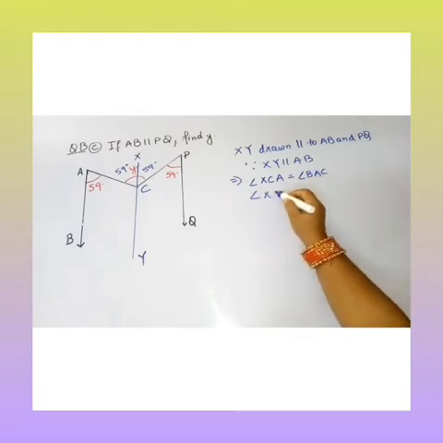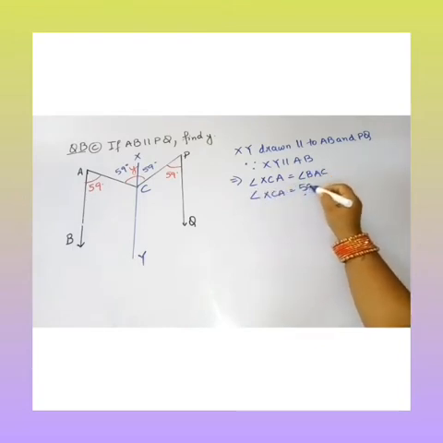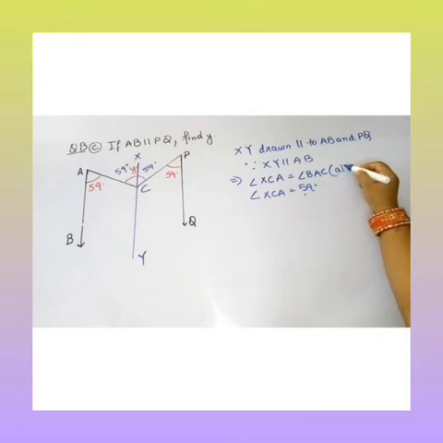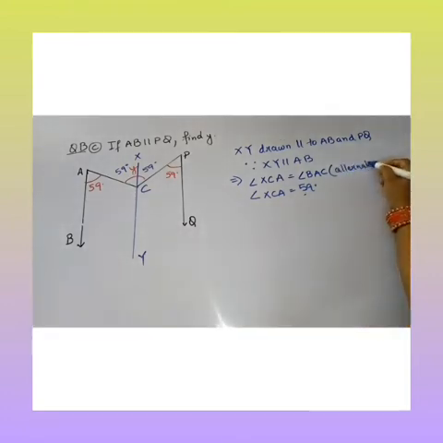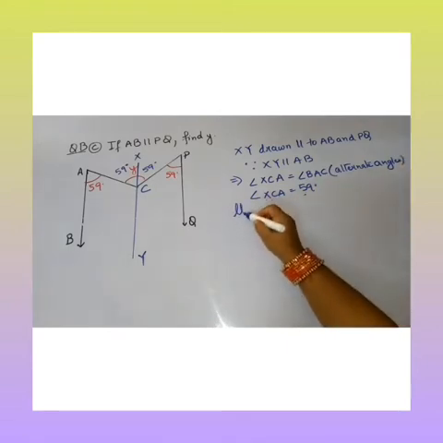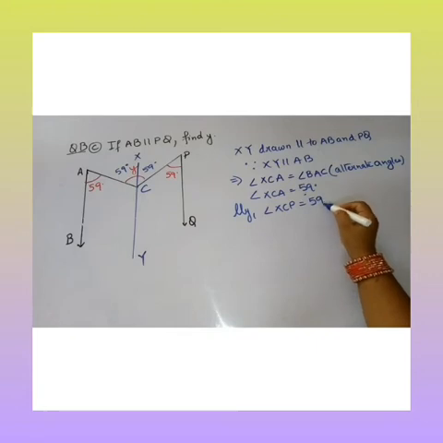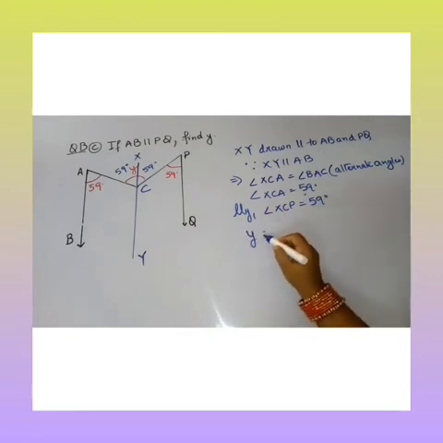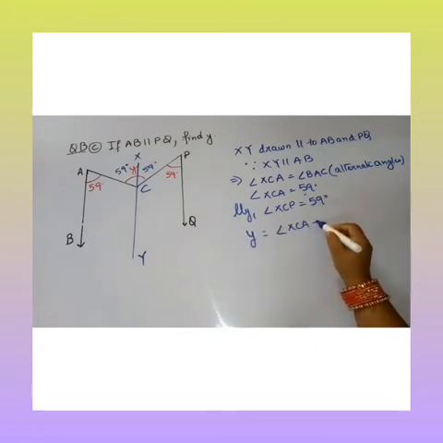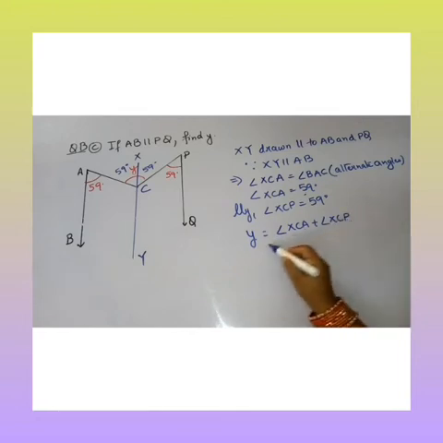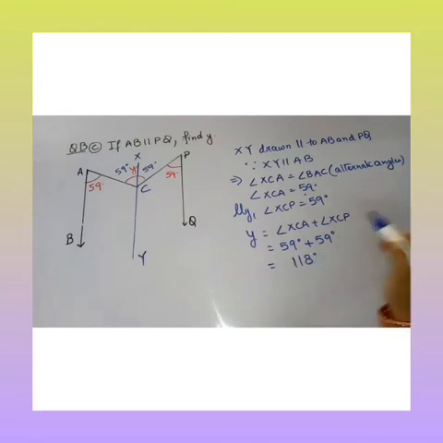That means angle XCA will be equal to 59 degree. The reason behind it, they are alternate angles. So we'll write here alternate angles. In the same way, we can write here similarly. Angle XCP is also 59 degree. So y is equal to angle XCA plus angle XCP, that is 59 degree plus 59 degree. That means we will get here 118 degree.